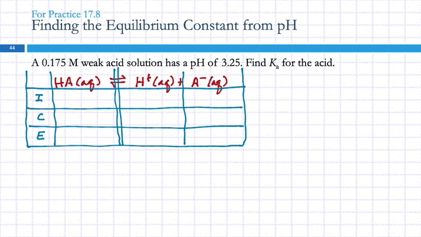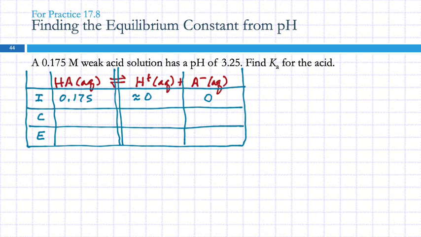So we can start in the same way that we did those previous problems, looking at initial concentrations. What's the initial concentration of the weak acid? It's 0.175. It's the concentration they give us. And we say that the concentration of the hydrogen ions is approximately 0, and of the conjugate base is 0.